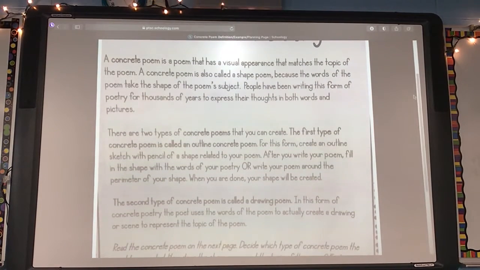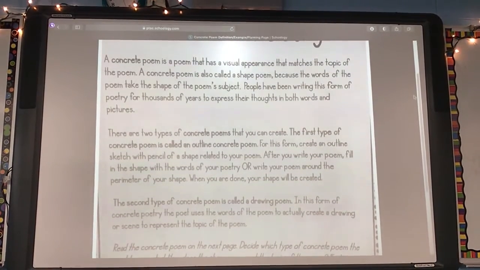So let's see here. A concrete poem is a poem that has visual appearances that match the topic of the poem. A concrete poem is also called a shape poem because the words of the poem take the shape of the poem's subject. People have been writing this form of poetry for thousands of years to express their thoughts in both words and pictures.